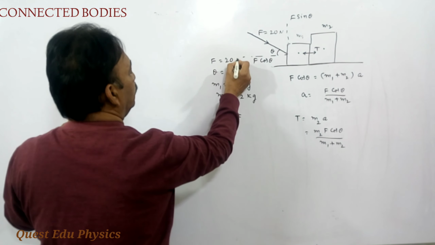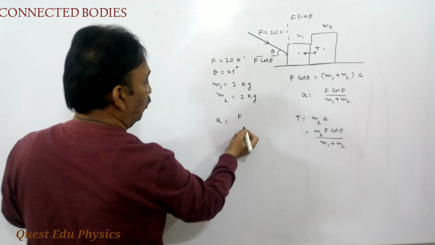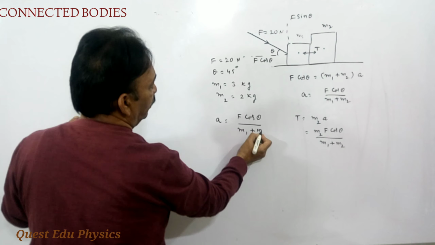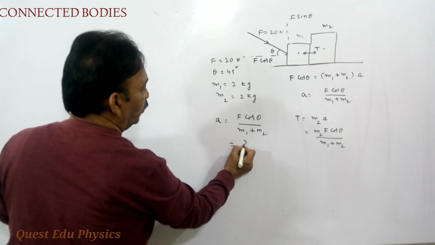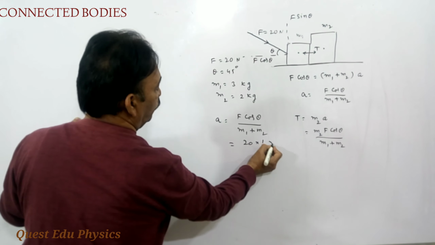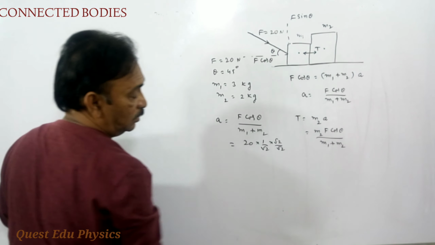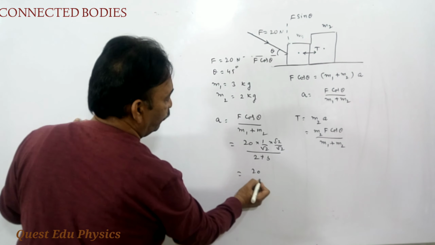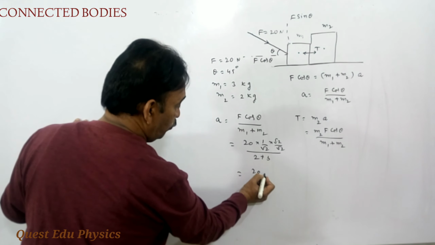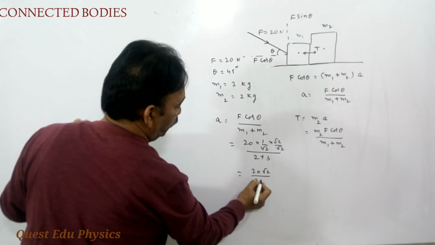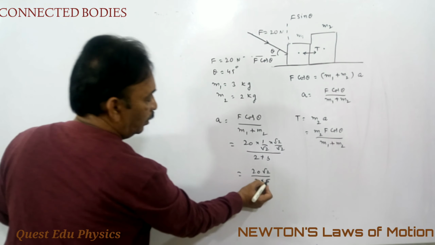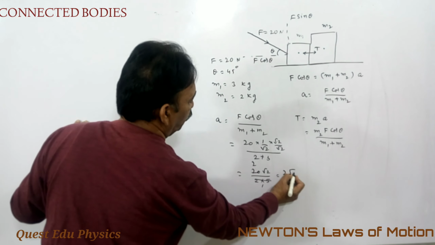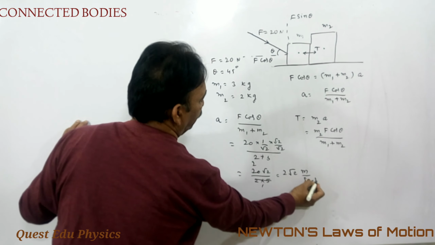Put the values: A is equal to F cos theta by m1 plus m2, that is 20 into 1 by root 2, by 2 plus 3, that is 20 root 2 by 2 into 5, which is 2 root 2 meter per second squared.